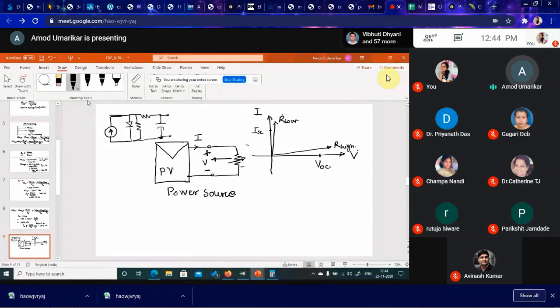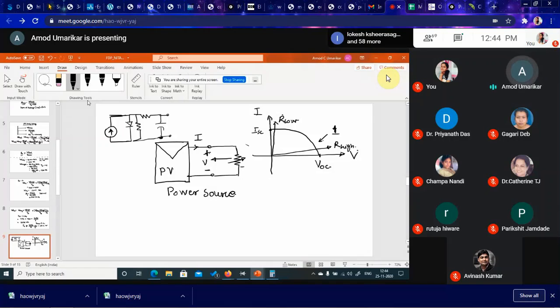So when we vary the resistor, we get a locus of this V and I for a given insolation, or radiation, or irradiation. Let us consider that as 1.